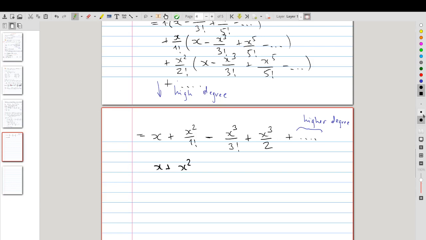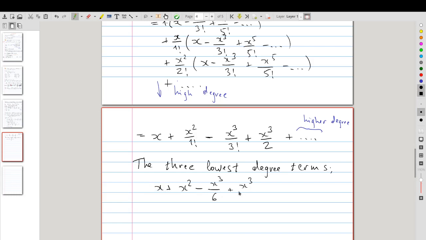So let me write it this way. The three lowest degree terms are these: x plus x squared minus x cubed over 6 plus x cubed over 2.